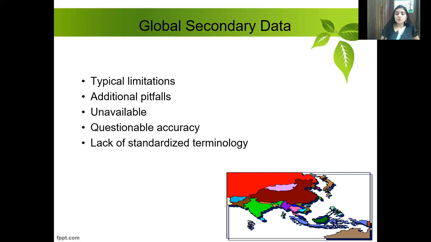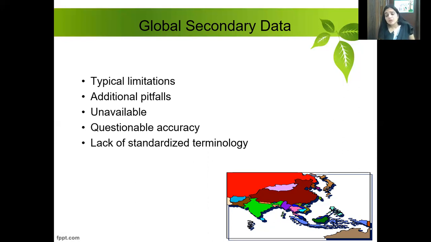How would you collect it? You will go to their official websites and collect data from there, right? But sometimes they might have blocked users from some countries, so that would be a disadvantage for collecting the data. So there are many things along with this, some typical limitations when it comes to global data. Then additional pitfalls are there. For example, like just mentioned, sometimes they block users from some countries.